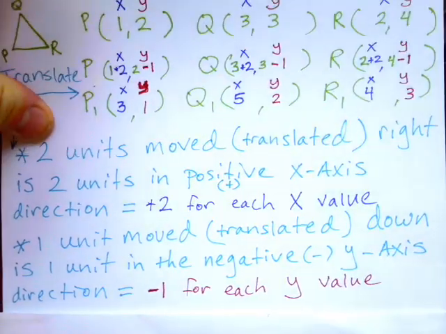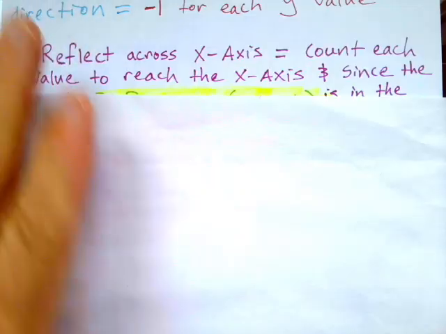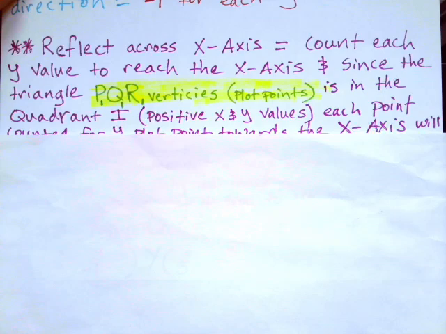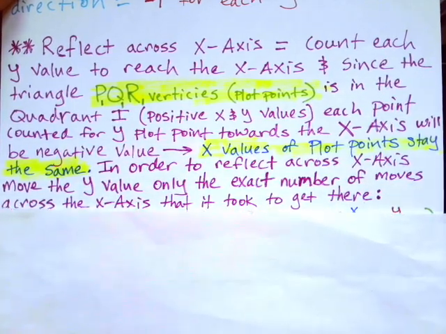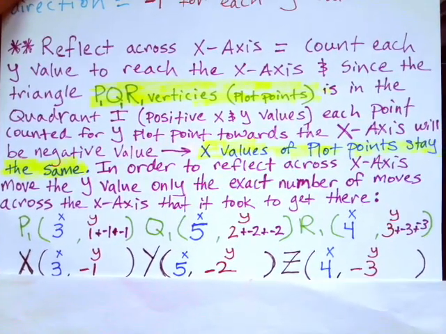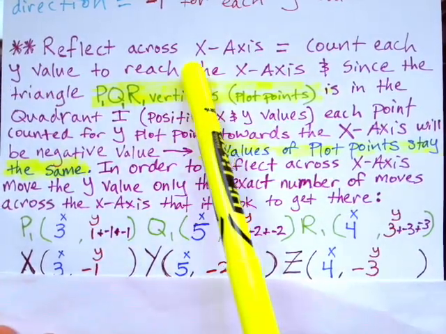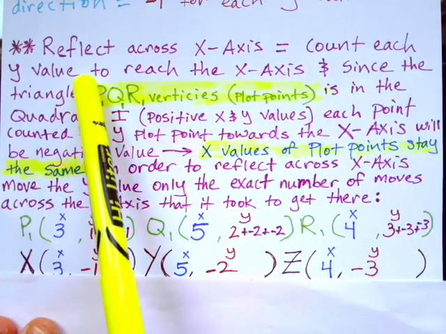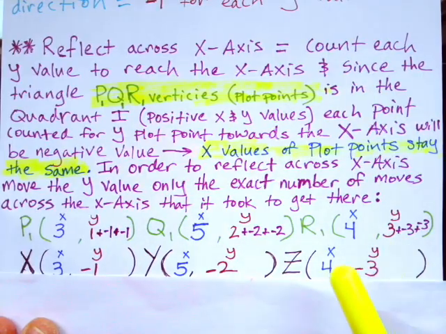What I'd like to do now is go over, a lot of this is verbal language, on how to reflect across the x-axis. Okay, and then I'm going to show you here at the base what it is I'm talking about. So when you're going to reflect across the x-axis, that means you're going to count the y values for all your prime P, Q, R values.